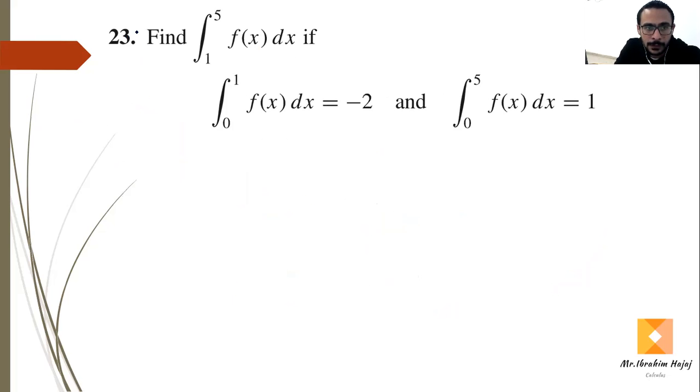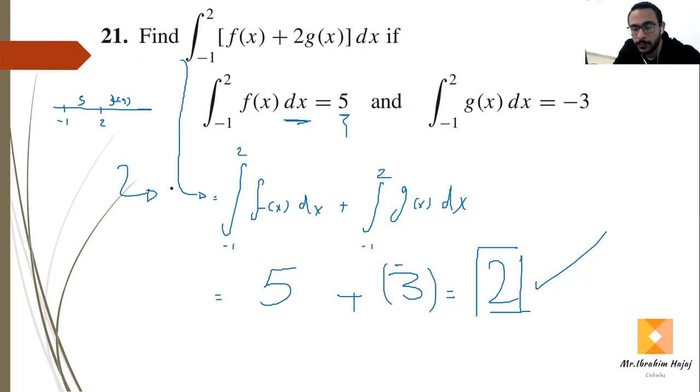Information. Question 23. بس ارجع دقيقة بس. ارجع دقيقة استنى. Again, it's given the integral from negative 1 to 2 ل two functions. أيوة. I think that I forgot the 2 here. Yes, up here 2. I forgot this 2 here.